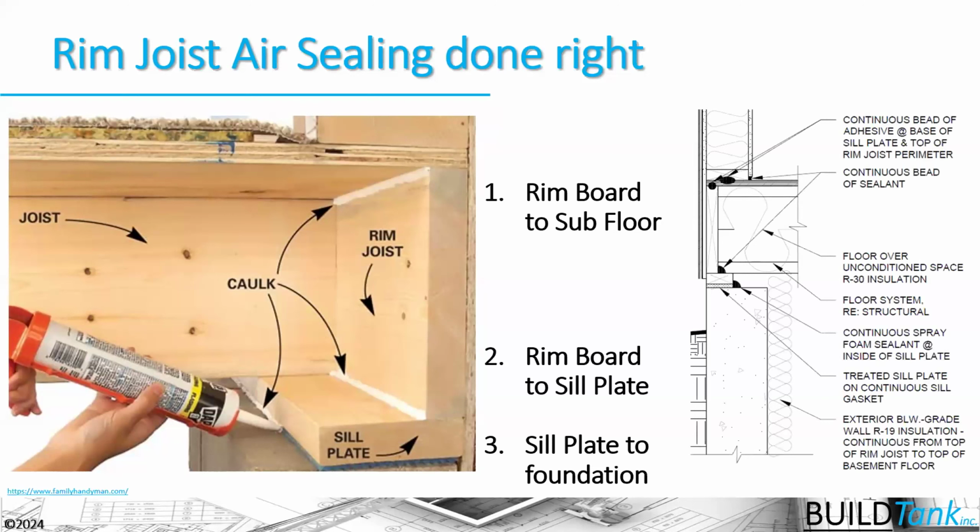And we see here that we are required to seal the rim board to the subfloor, the rim board to the sill plate, and the sill plate to the foundation in order to get the continuity of our air barrier system and ensure that this assembly is going to be airtight. And then we're going to install the insulation against that so it's in permanent contact with the air barrier system. And we have the continuity of both our air barrier and our thermal barrier all the way around the house here.